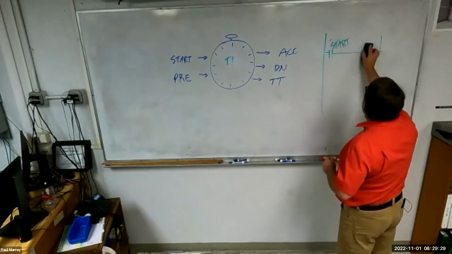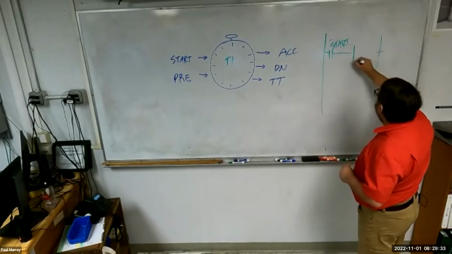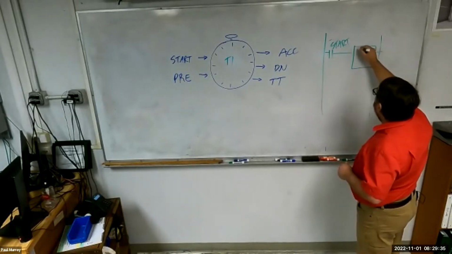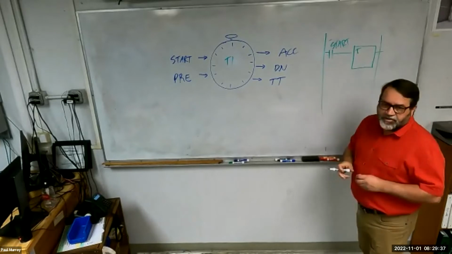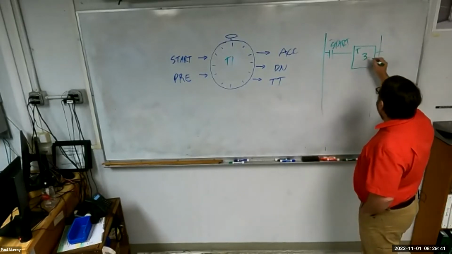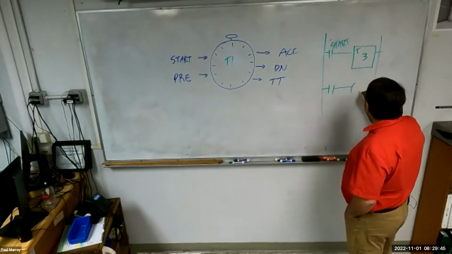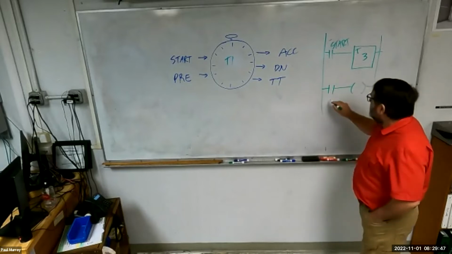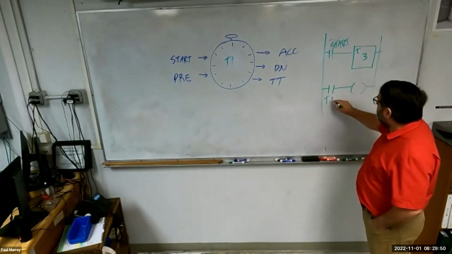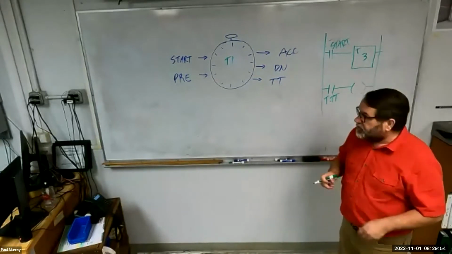So what I'm going to do instead is put in a timer, with a preset of 3 seconds. And then down here on the next rung, I'm going to use that timer timing bit to start my pump.